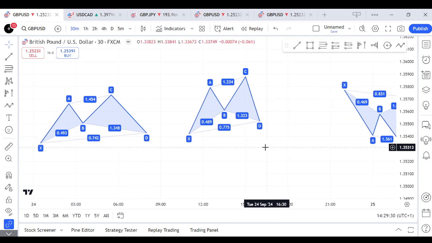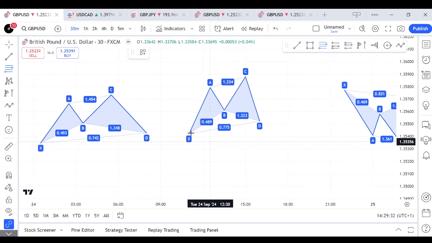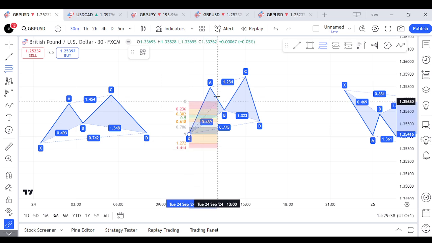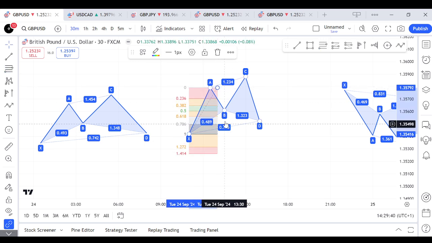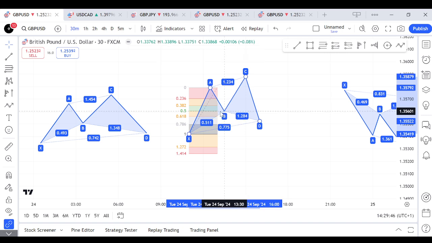So I'm just going to add our Fibonacci to this to help us measure from the X. From the X to A leg, we want to know if the B falls between the 38.2% and the 61.8%. You can see, yes, the B falls between the 38.2 and 61.8%. So the C here is an extension.